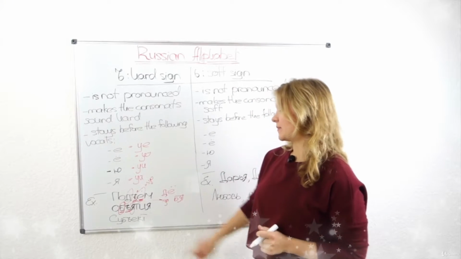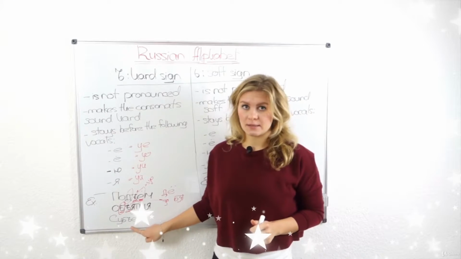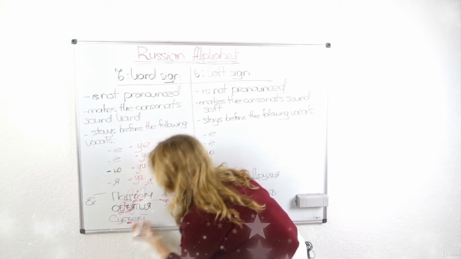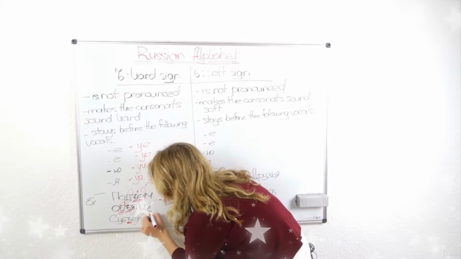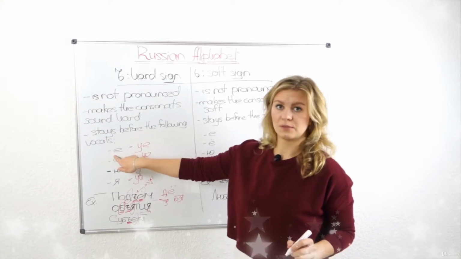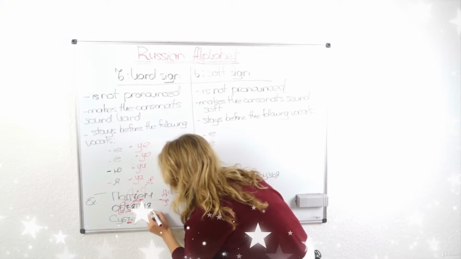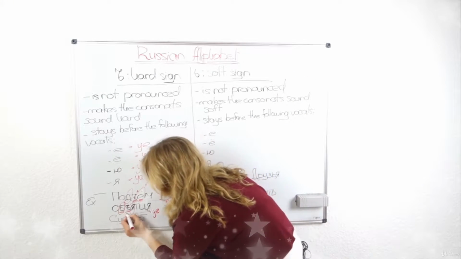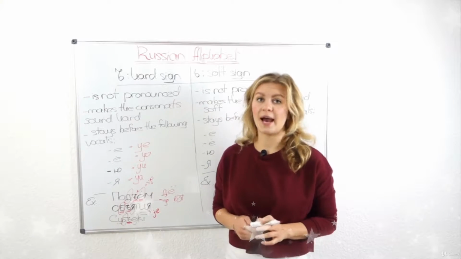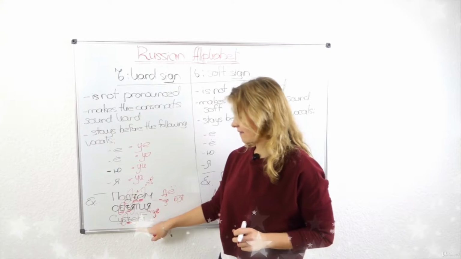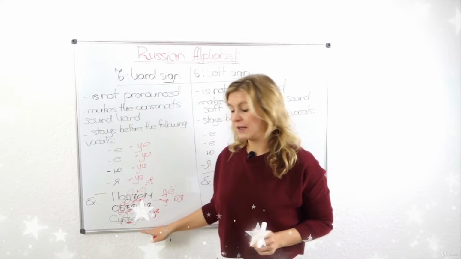And the last example for this letter, subject. Again, твердый знак stays in front of one of the vowels, which is ye. And our letter b should be hard. Thereby we have subject.